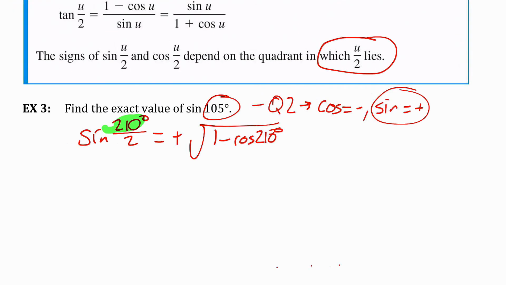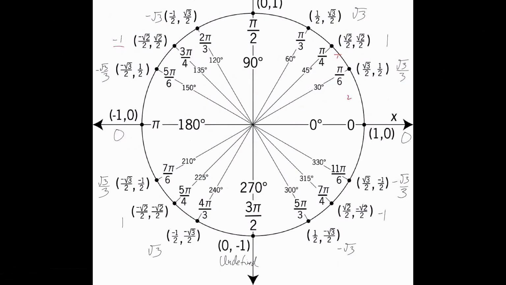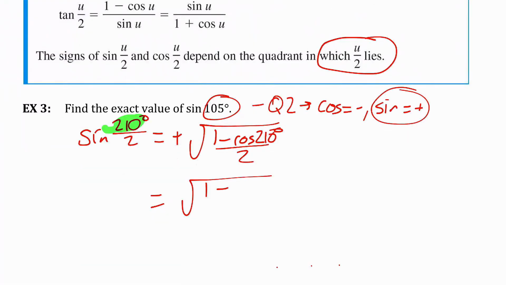All that being divided by 2. And then we can just use the unit circle. So the square root of 1 minus, on our unit circle, we go to 210 degrees. That's down here. We look at the cosine. That's negative square root of 3 over 2. So we got 1 minus negative square root of 3 over 2, all that divided by 2.